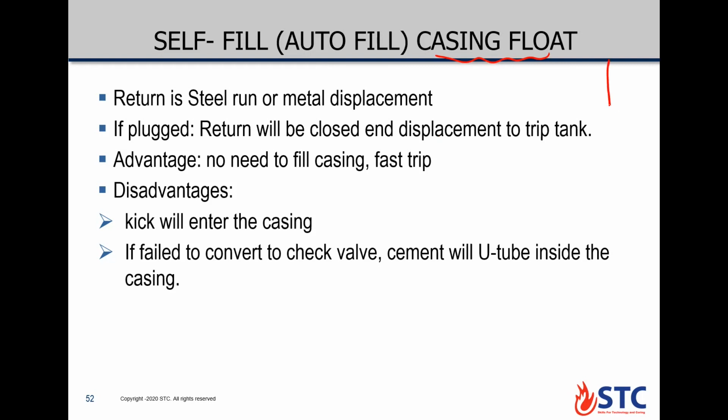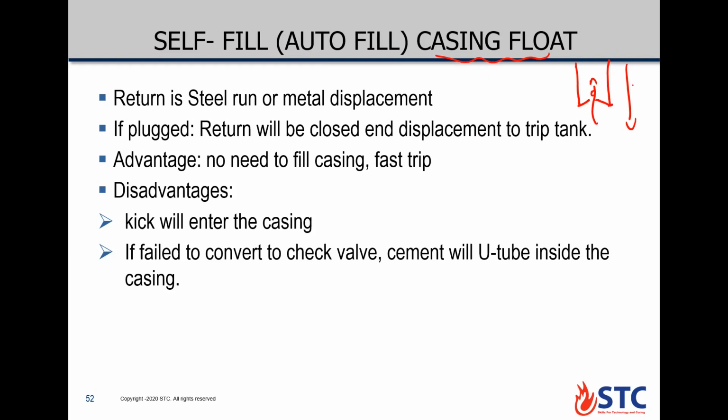Self-fill is like this. You run your casing with self-fill here. So once you are running inside the well, the mud enters the casing. No need to fill the casing string from the surface. You run with your casing string empty, and once down the wellbore, you have mud entering your casing string.